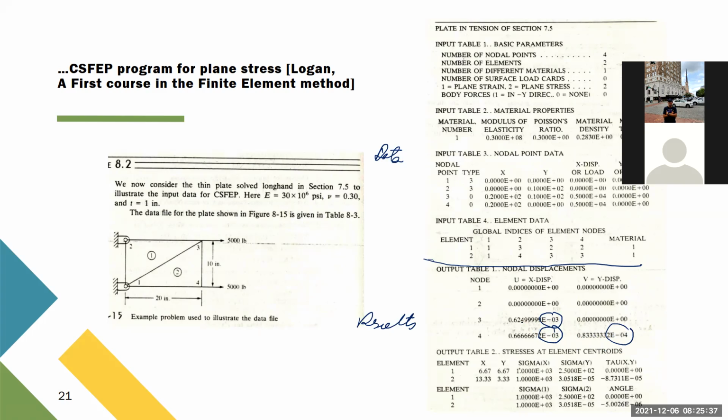So you see that this value is not the same as this one, even though we're expecting that if we apply the same force up and down, the displacement should be like this. So the displacement in U should be the same.